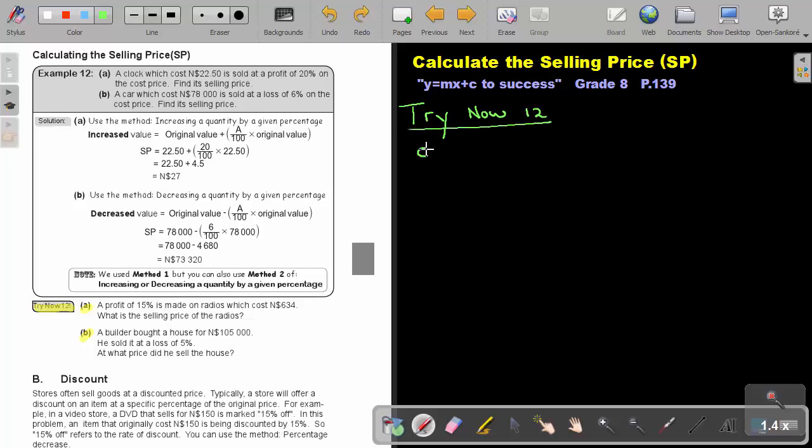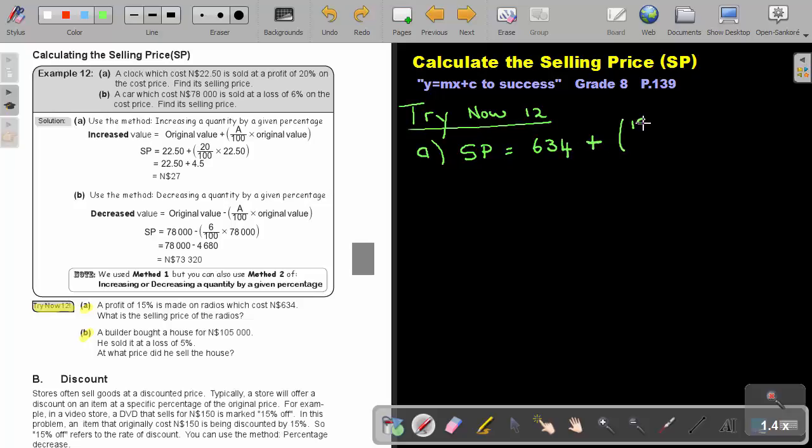Okay. Let's start with number A. In number A, a profit of 15% is made on radios which cost 634. What is the selling price of the radios? To find the increased value, or the selling price, I'm following method 1, and we're going to add because it increased.